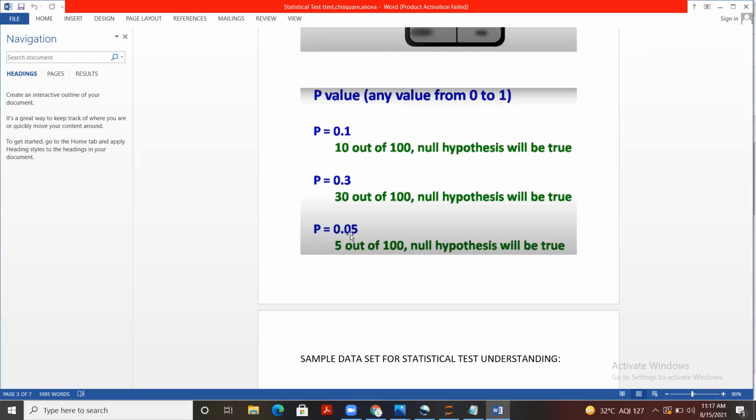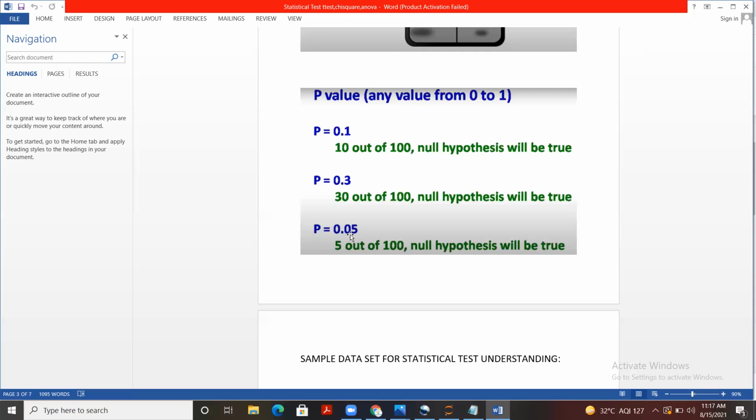So the confidence level is 95%, but the significance level is 5%, because there is still a 5% probability that the null hypothesis can be true. I mean, 5 out of 100 chocolates can still have a weight of 5 grams.